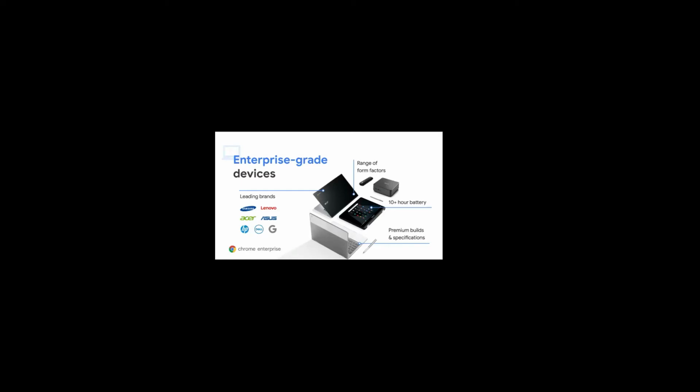And they include the latest Intel processors. You can get them with 8 gigabytes of RAM and upward, with on-device storage and varying builds, including premium and rugged, to suit various use cases. Of course, you can pick your favorite brand or OEM, if you have a preference there as well. And some of the top OEMs that we work with are Samsung, Lenovo, Acer, Asus, HP, and of course Dell.